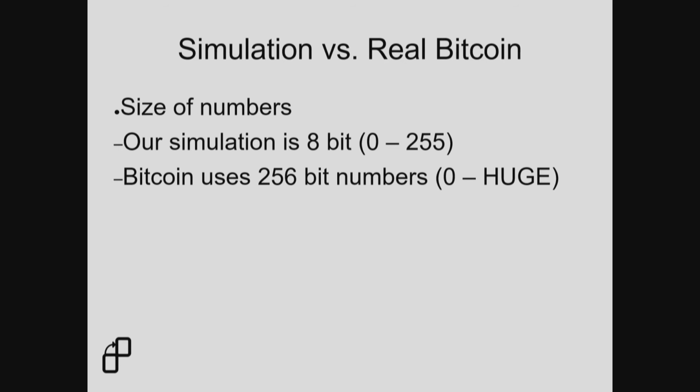Bitcoin uses 256-bit numbers, and that encompasses 0 to unbelievably gigantic. The total number of numerals in the 256-bit number space is thought to be more than the number of atoms in the observable universe. These are unfathomably large numbers that we're dealing with.